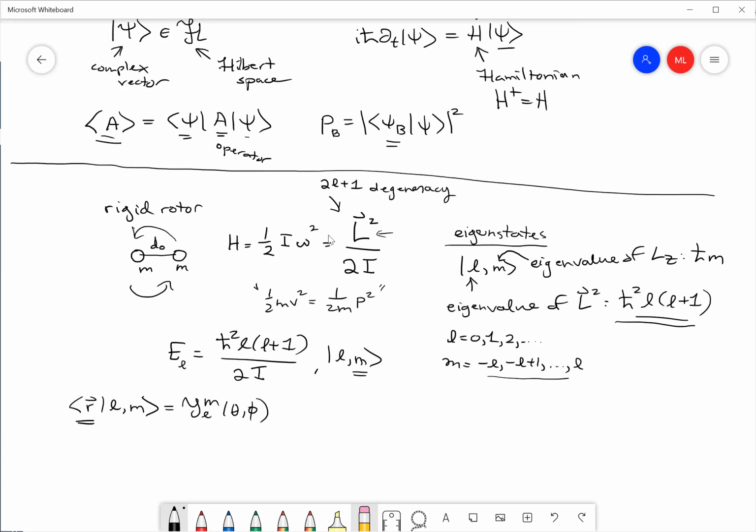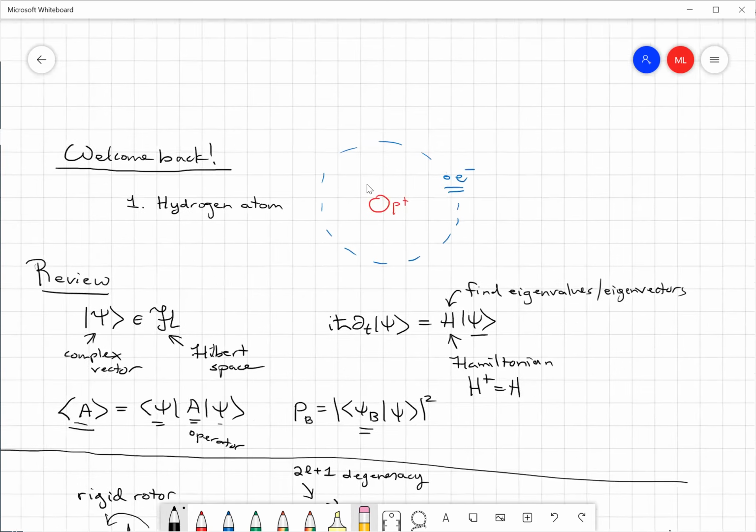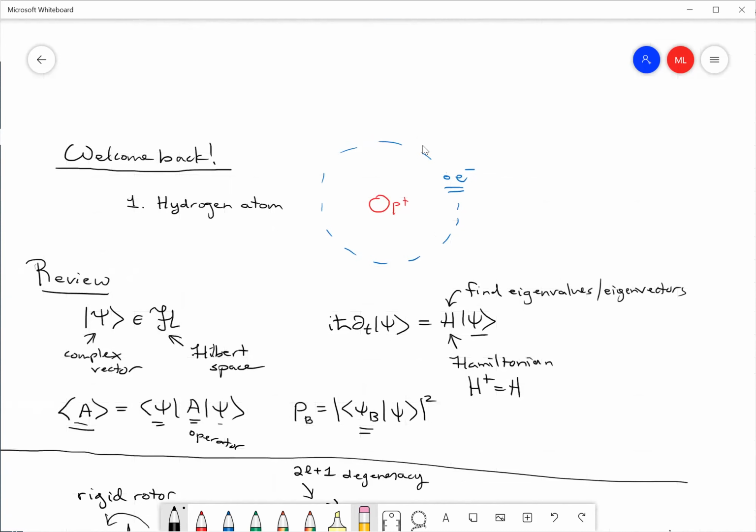So this is all helpful. Why? Because it'll help us understand the hydrogen atom, which also has this element of rotations, right? There's a 3D space in which the electron whizzes around. So we'll have a radial coordinate describing the distance away from the proton, but there's also the theta and phi coordinates, which give us the rotations.